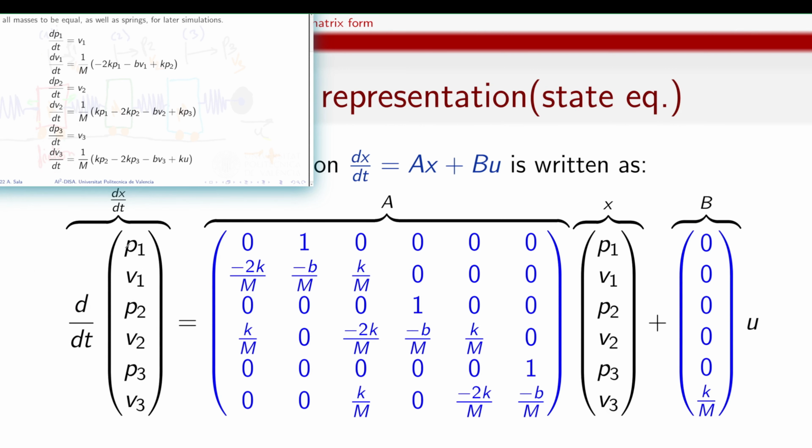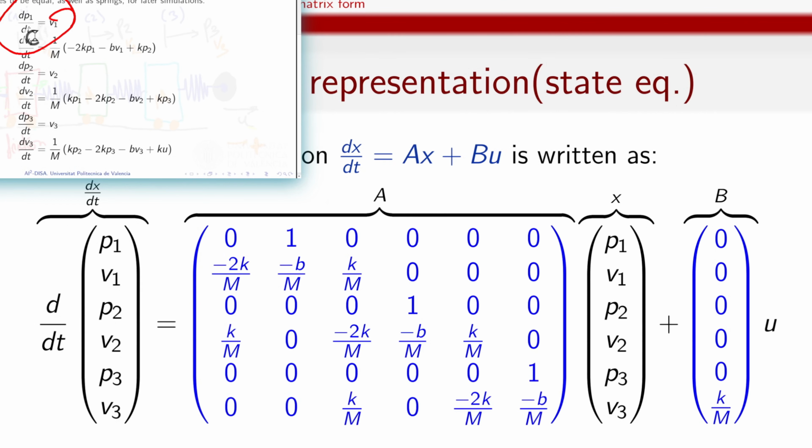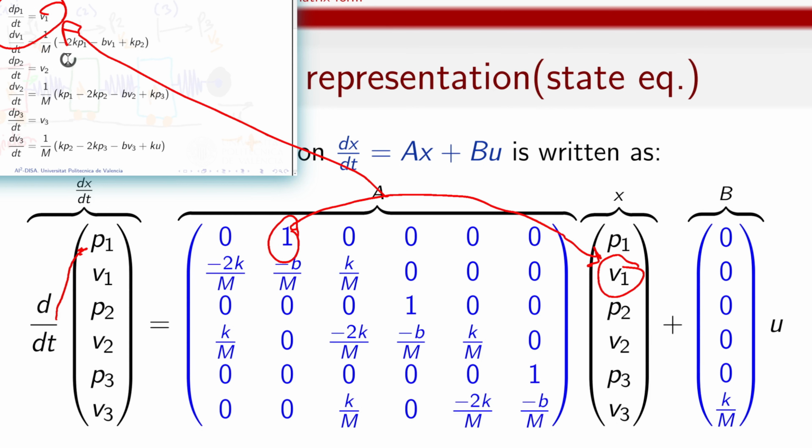So once we have the state vector, which are the coefficients that multiply these variables? Well, first equation, the derivative of p1 equals v1, means that the derivative of p1 is here, and v1 is just, if we recall the matrix product, 0 times p1, this 1 is multiplied by v1, this 0 is multiplied by p2, etc. So 1 times v1 is what we find here.